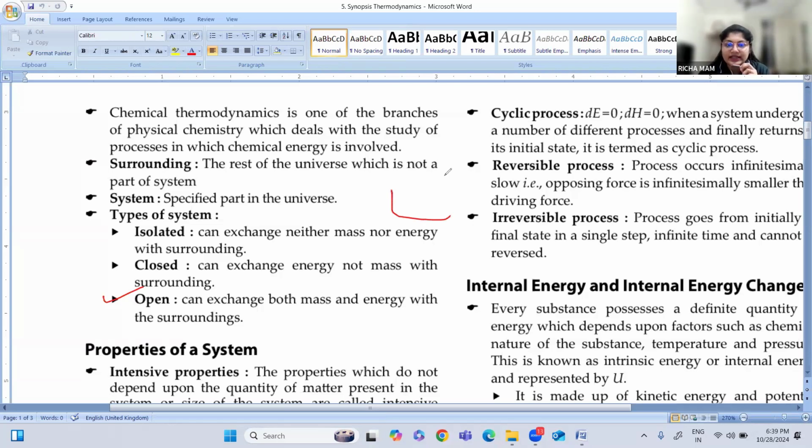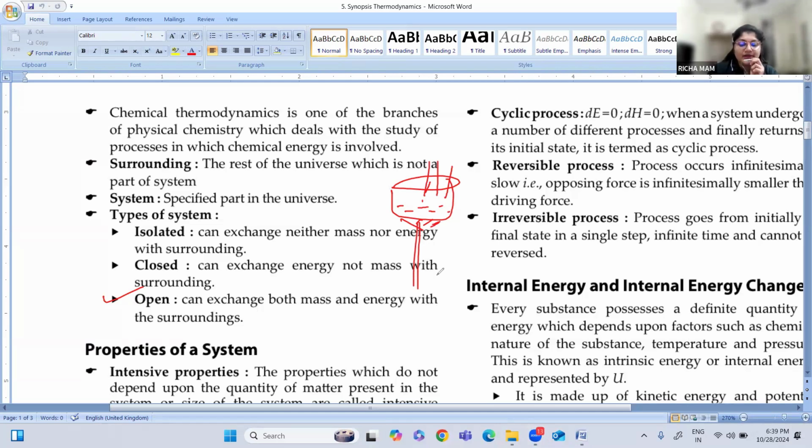If you take a vessel, keep water and heat it, what will happen? Both mass and energy are exchanged, right? So this is an example of an open system. Both mass as well as energy are exchanged with the surrounding.